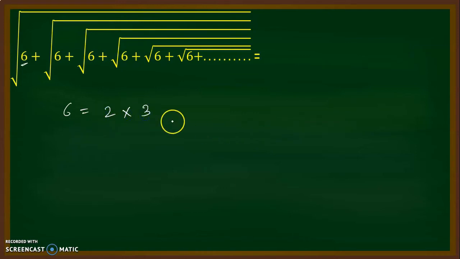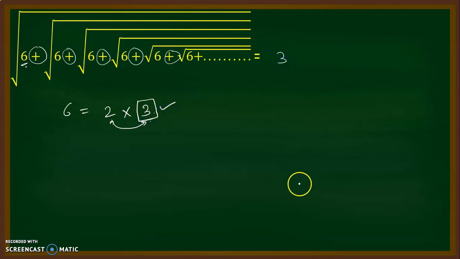Always remember, write the number as multiplication of two consecutive numbers. So here we can write 6 as multiplication of 2 and 3. 2 and 3 are consecutive numbers here. So here we have plus sign here. So our answer will be the bigger number. So among the 2 and 3, the 3 is the bigger number. So 3 is the answer.